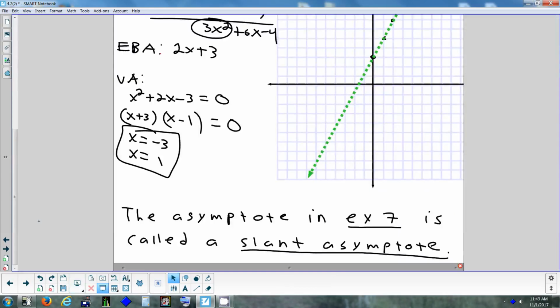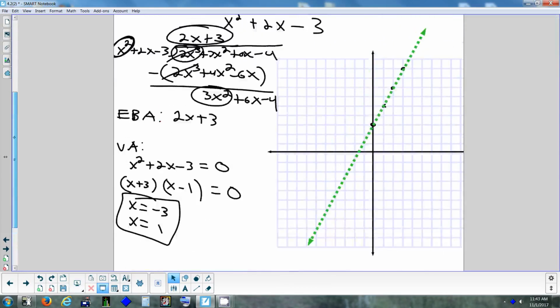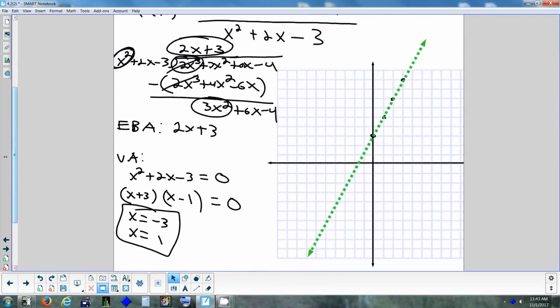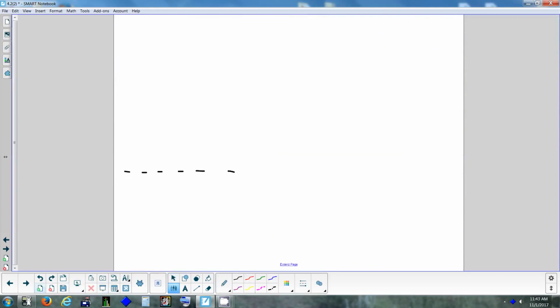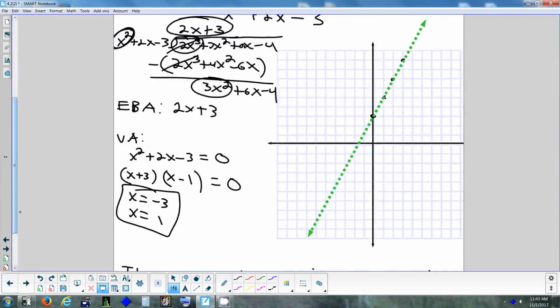So, this is going to look more like the ones we did yesterday, where we had the horizontal and the 2 vertical, so it was broken into 6 sections. Well, same idea here, except we have a slant with 2 verticals. But it's still going to be broken into 6 sections.